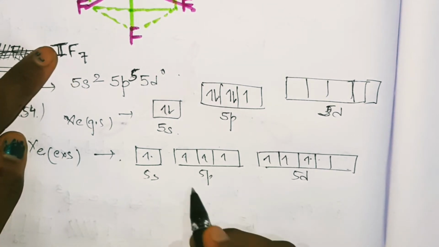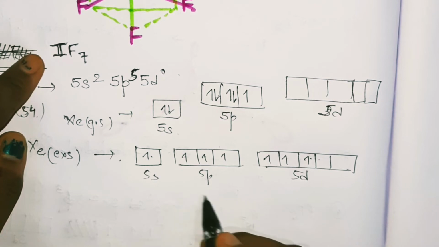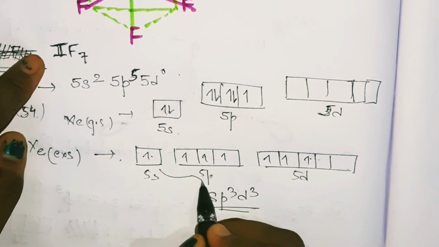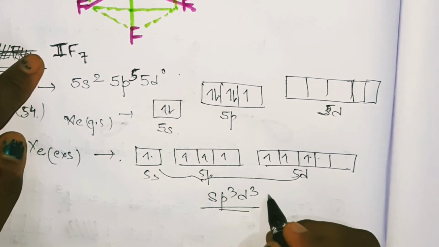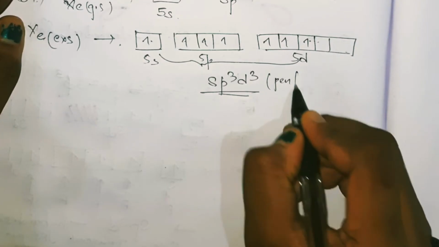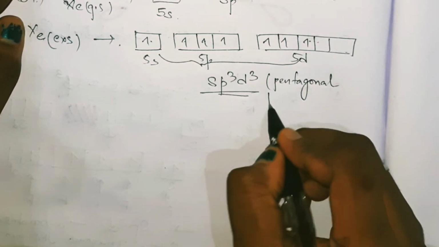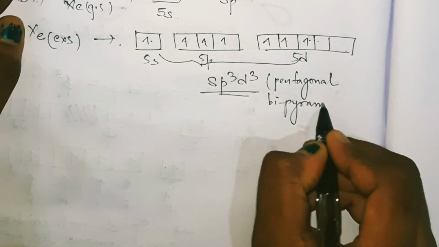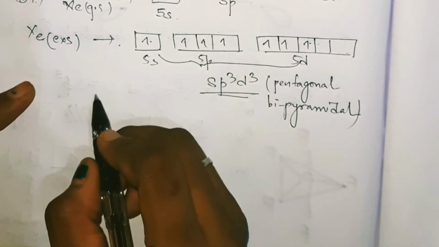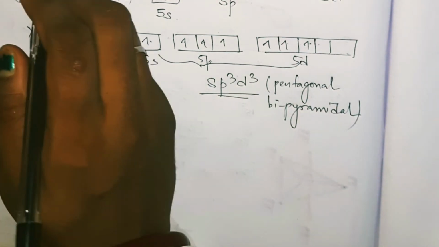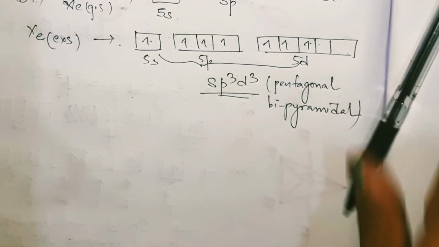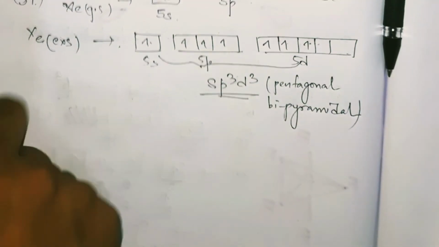The hybridization here will be sp3d3, because you are taking all these into consideration, and hence its shape will be pentagonal bipyramidal. Here there is no lone pair of electrons. So this way we find the hybridization of different elements in inorganic chemistry.